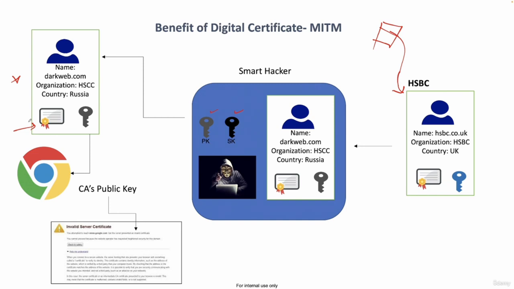By this, it comes to know, hey, there is a man in the middle, and it will very intelligently say invalid server certificate, and send a message back to the client saying, no, I can't open this web page which darkweb.com is sending me, because it is an invalid certificate.